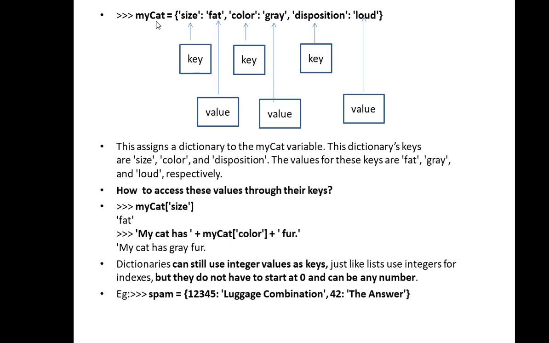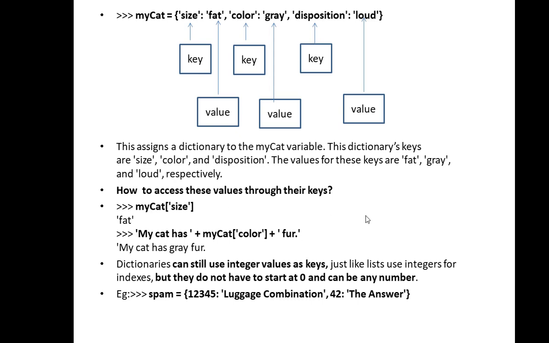Let's say the cat has three features: size, color, and disposition. So we are using these three features as keys. The size is fat, so fat here is a value. The color is gray, so gray is the value. Disposition is loud, so loud is the value. That's why every dictionary can be accessed by the key value pair.